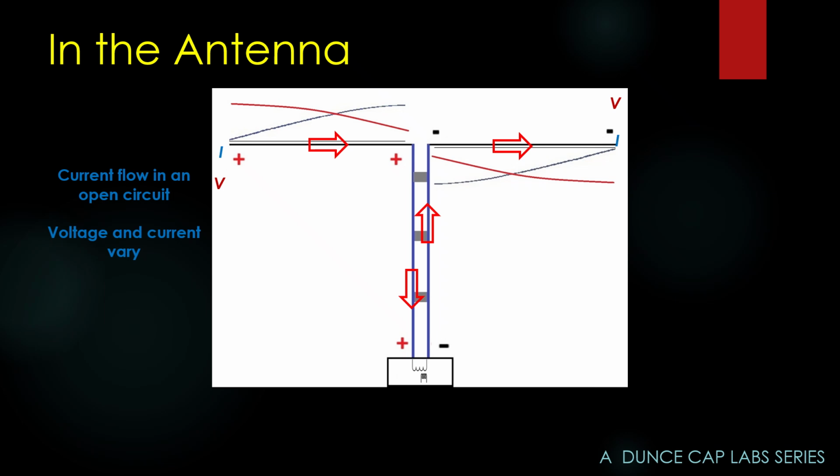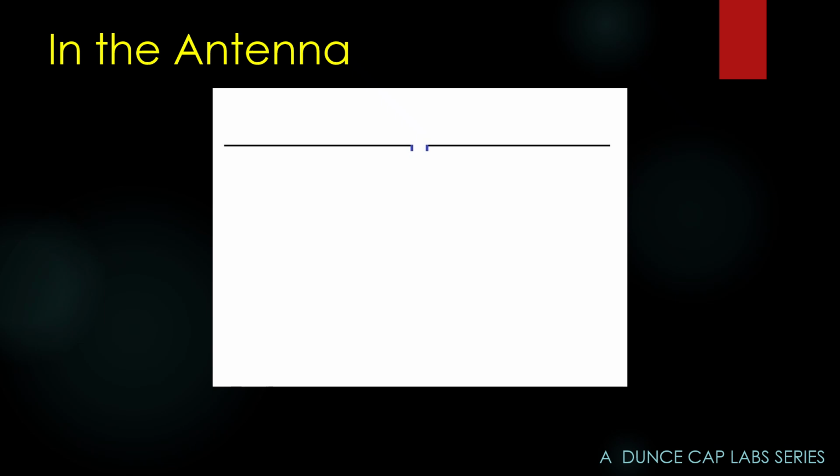This is part of the magic of radio and RF, and that is we can make current flow in an open circuit, and our voltages and currents are, I wouldn't say unpredictable, but they don't look anything like the DC battery circuit. Let's try to get an idea why all this is happening.